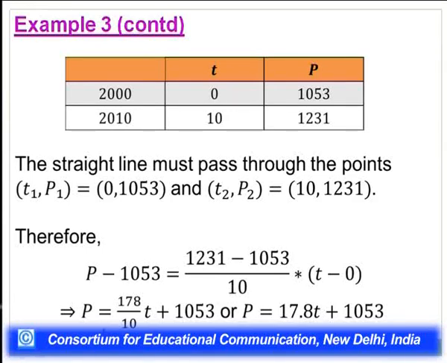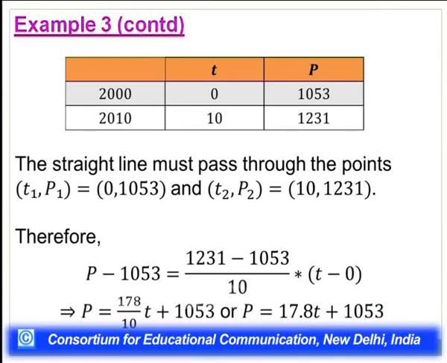This in turn gives us the equation P is equal to 178 divided by 10 times T, plus, having taken the 1053 to the right hand side, and now I have an equation. This is what I was talking about throughout. P is equal to 17.8 T plus 1053.